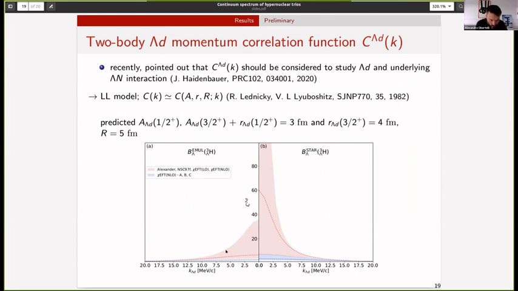Here we see that this correlation function should indicate a large increase due to the spin quartet component, mainly for this set of lambda n scattering lengths. However, for Chiral EFT NLO ABC, where the spin singlet is much larger, this correlation function should be small because the spin quartet virtual state is predicted further from the threshold.